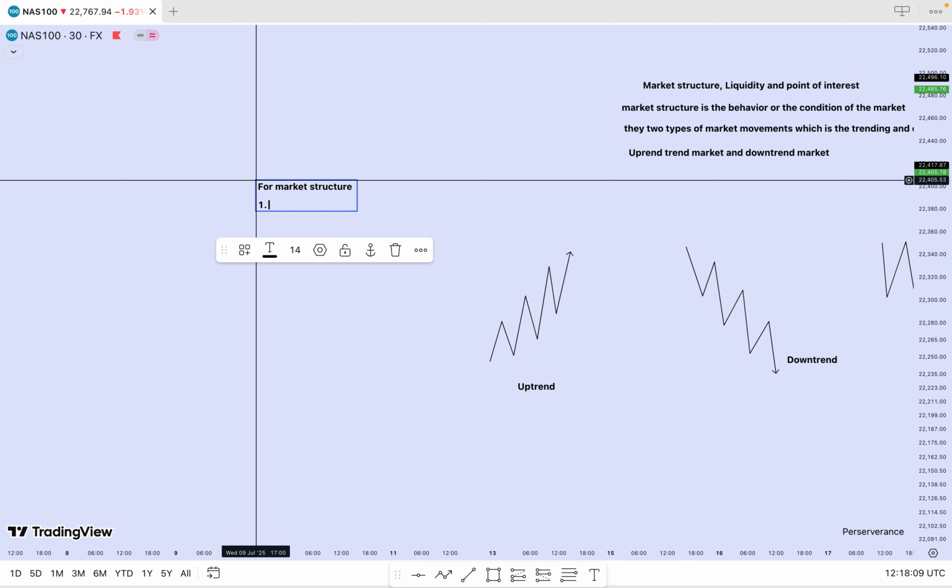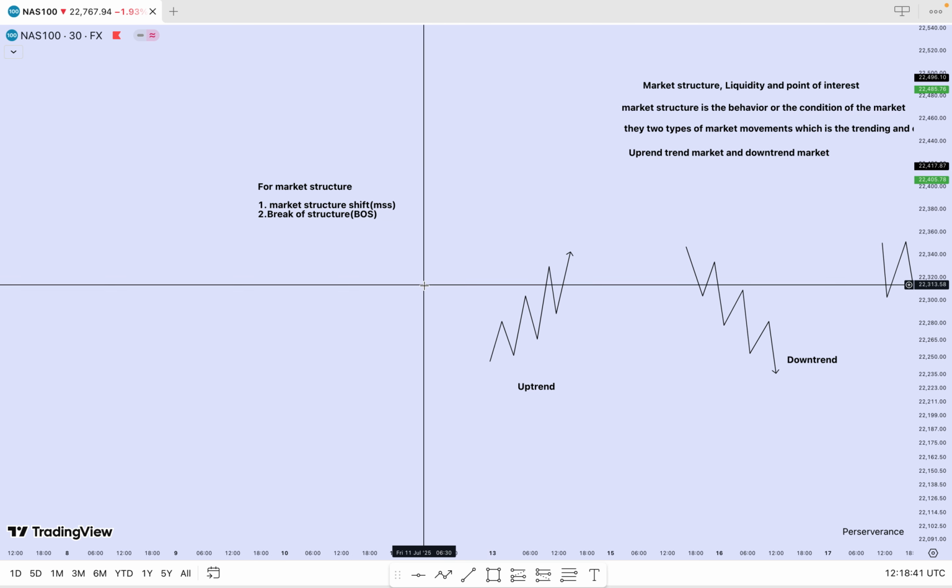The first one is market structure shift, which is MSS, while the second one is break of structure, BOS.